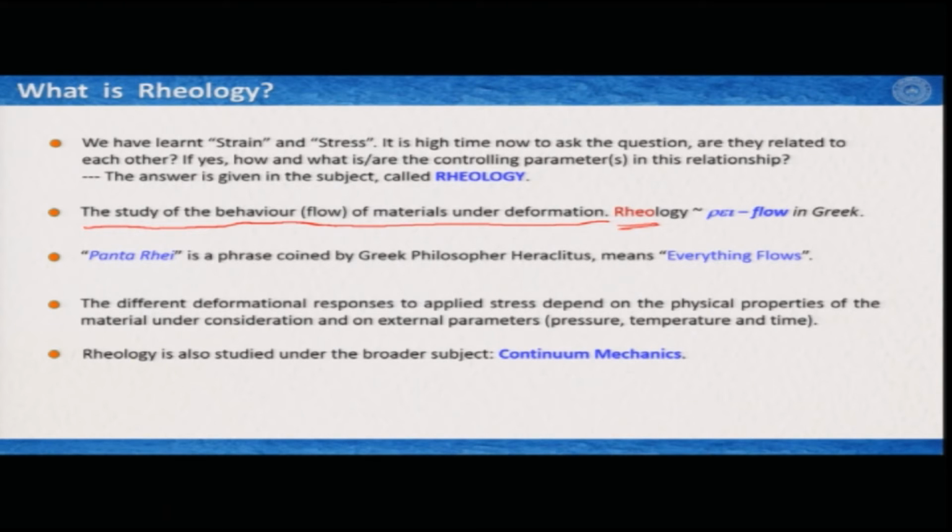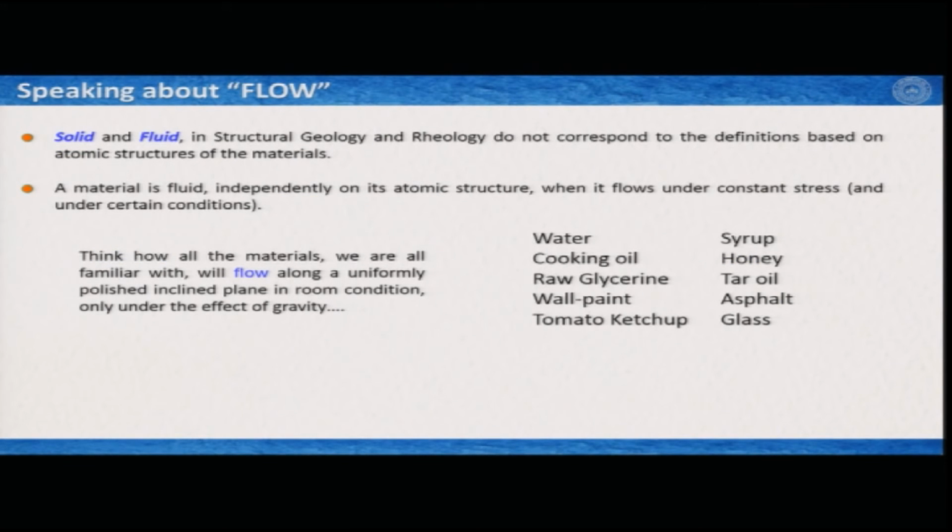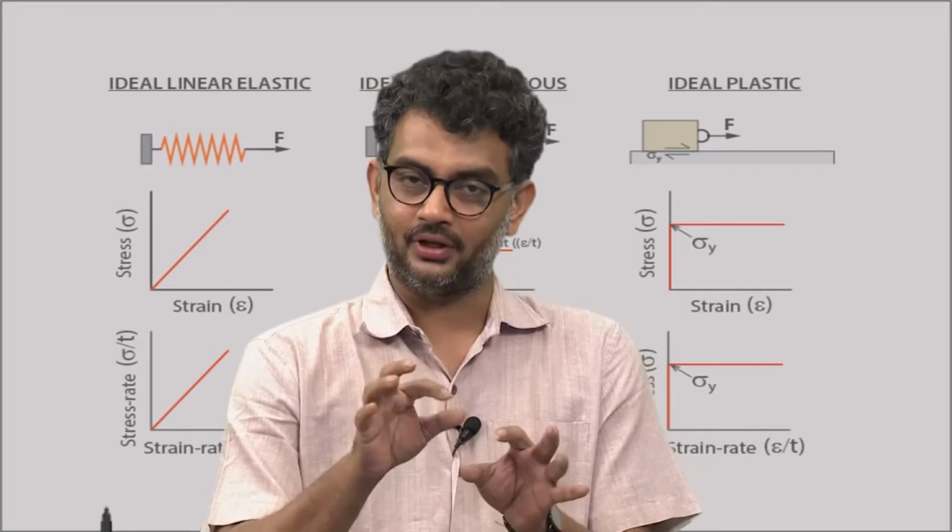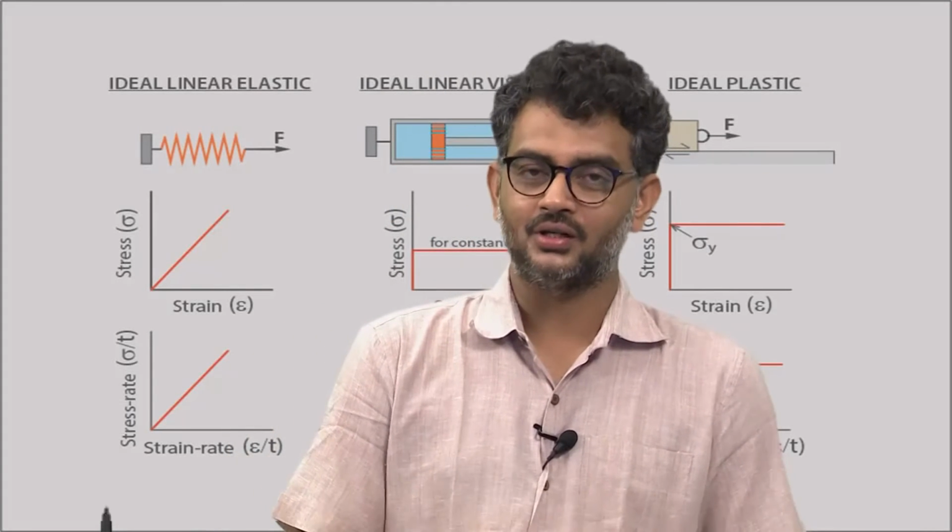Now, we'll again go back to this very interesting term, panta rhei, that means everything flows. And here, therefore, when we talk about flow, the definitions of solid and fluid are not really classical, as people define them based on atomic structures of the material. So, there is one set of definitions of solid, liquid and gas in terms of their atomic structures, their interactions and arrangements.